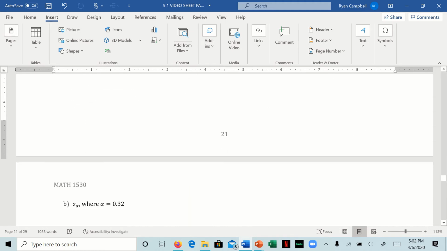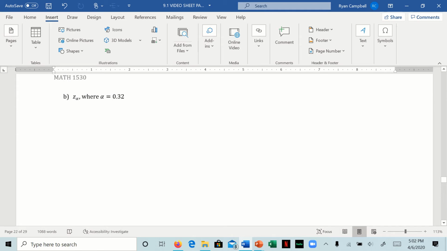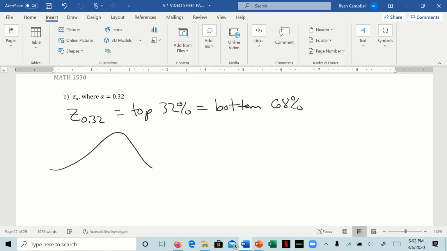All right, let's do another one. Let's find z alpha, where alpha is 0.32. The critical value of 0.32 means that it's the top 32%. But we don't like top percentages, we want bottom percentages. So that's the bottom 68%. If we draw our graph, in the center is 0.